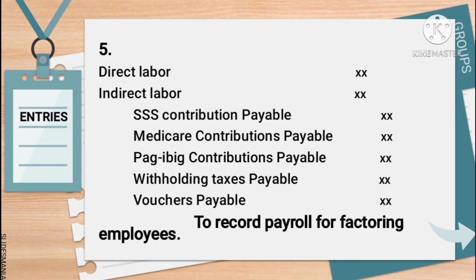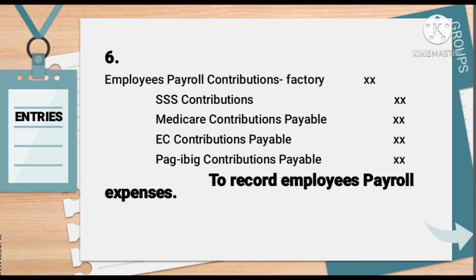Next is to record payroll for factory employees. Debit direct labor and indirect labor. Credit SSS contribution payable, Medicare contribution payable, Pag-ibig contribution payable, withholding taxes payable, vouchers payable. Next is to record employers' payroll expenses. Debit employers' payroll contributions, factory.